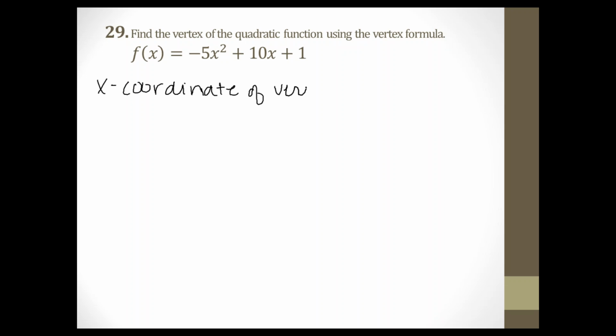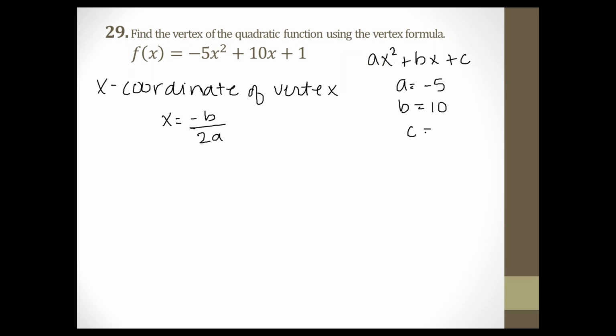That's going to be x equals negative b over 2a. And remember the standard form is ax squared plus bx plus c. So a equals negative 5, b equals 10, and c equals 1.